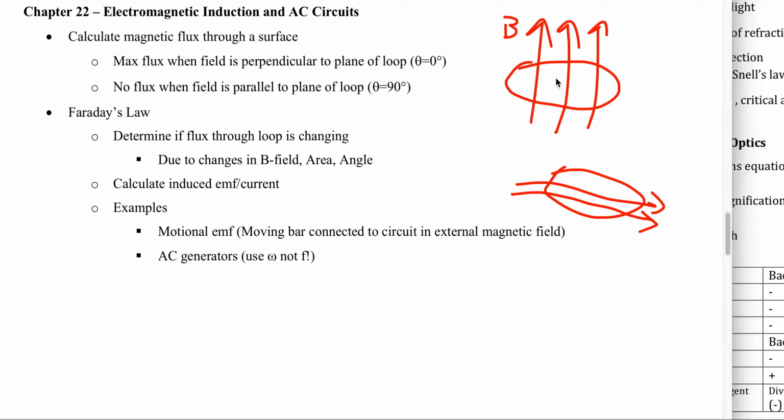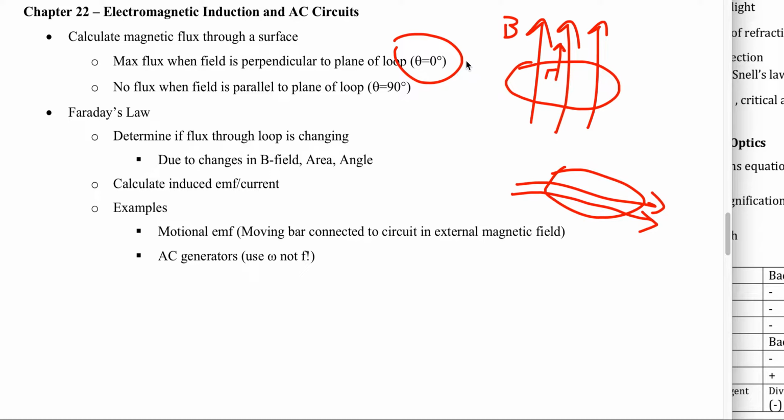So the normal to the loop, let's say, is up. You can think of it as mu if you had that current loop, but even if there's no current, it's normal to the loop. So the normal is parallel to B, the angle is 0, and that gives us the maximum flux because we've got a lot of magnetic field lines going through that loop.